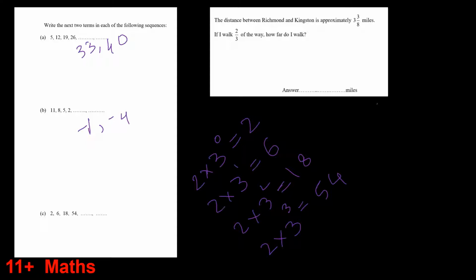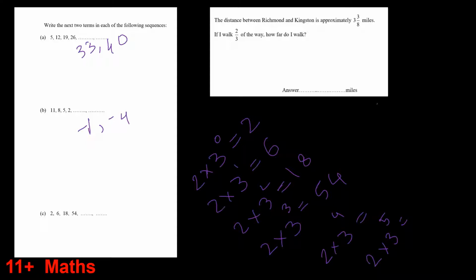Those are the numbers that are given. The next one will be 2 times 3 to the power 4, and the next number should be 2 times 3 to the power 5.